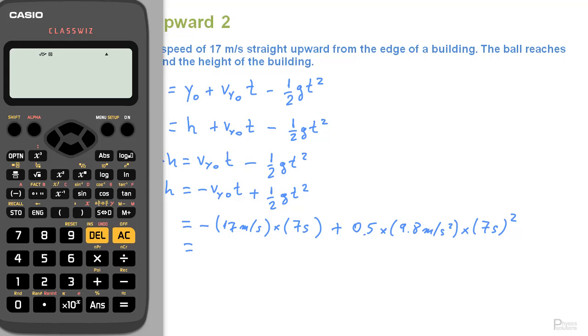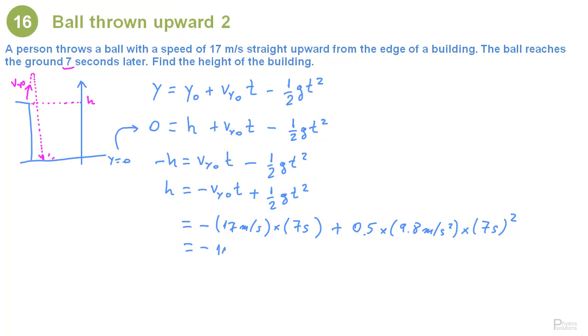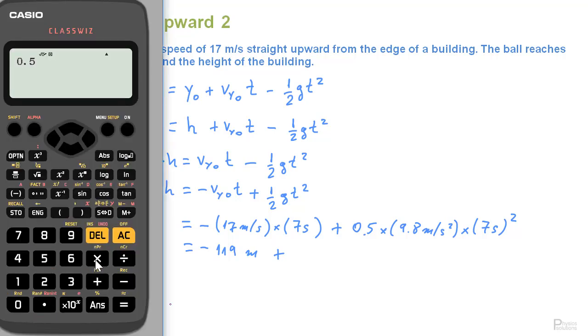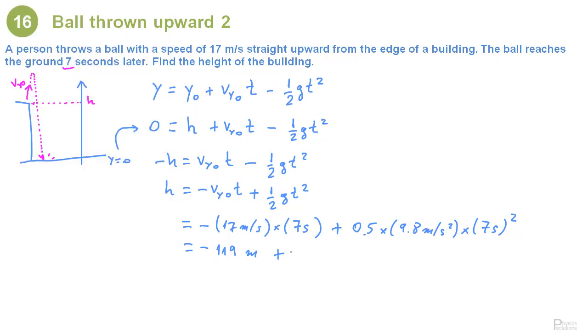If we plug these numbers in the calculator, we get minus 17 times 7, that is minus 119 meters, plus 0.5 times 9.8 times 7 squared, 240.1 meters.